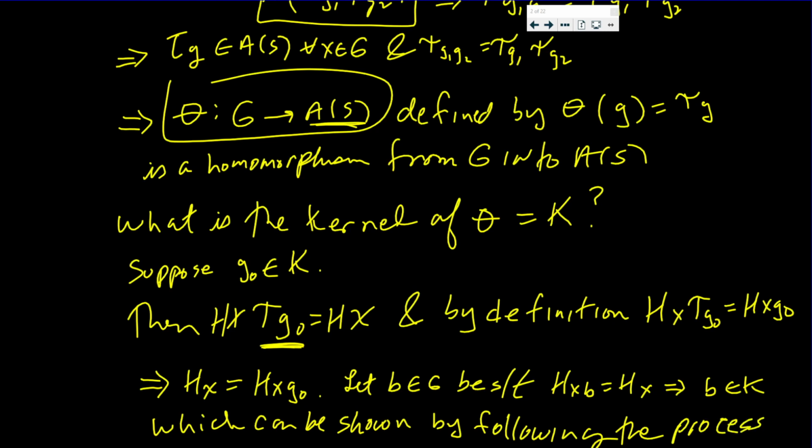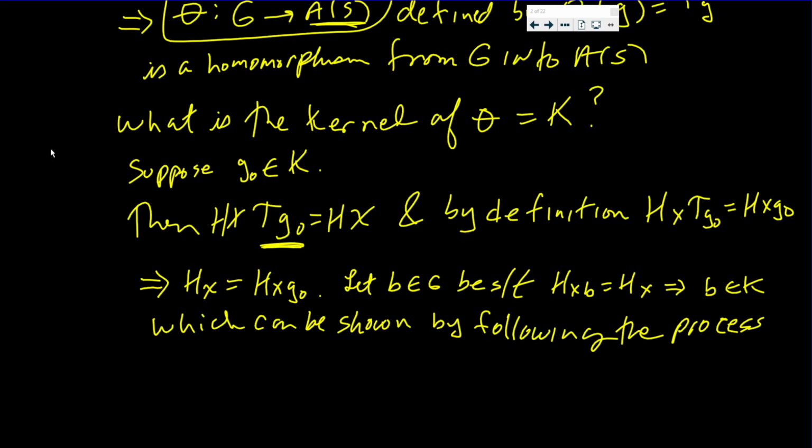Just like G sub 0 ended up in the kernel, B is going to follow the same way.